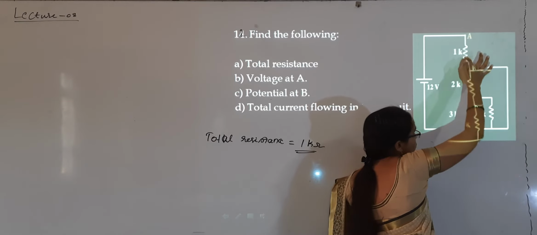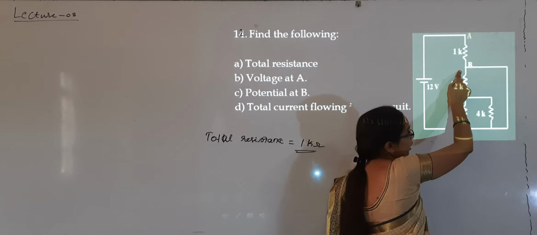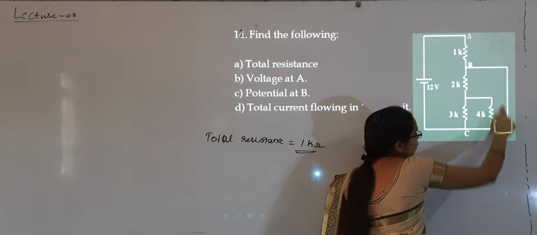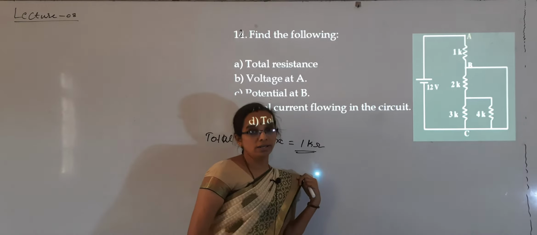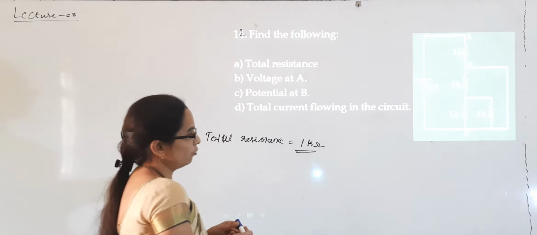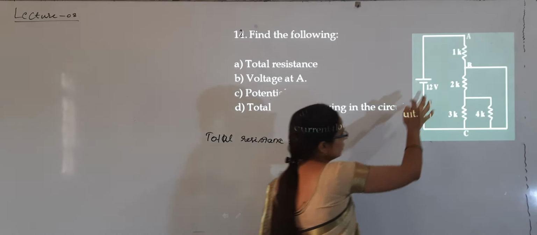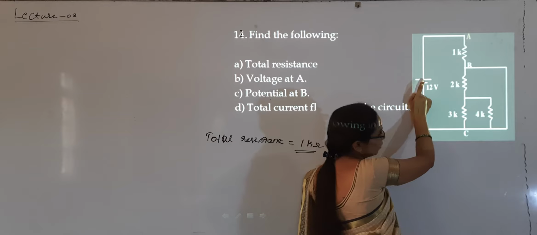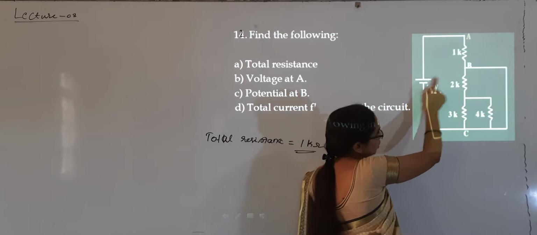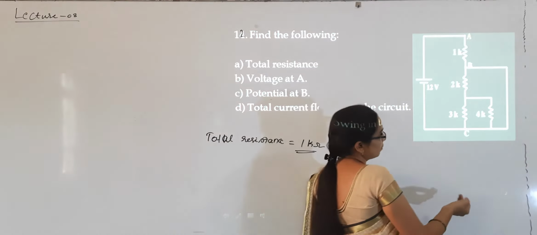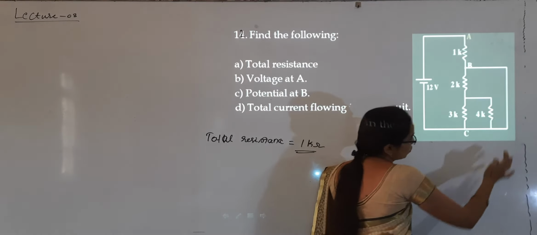Whatever the current flows from here, once it reaches point B, it takes this path, because current always chooses low resistance path. Okay. Therefore, the circuit will start from here and end up to here, and these three resistors will not be considered because they are parallel with the short circuit.